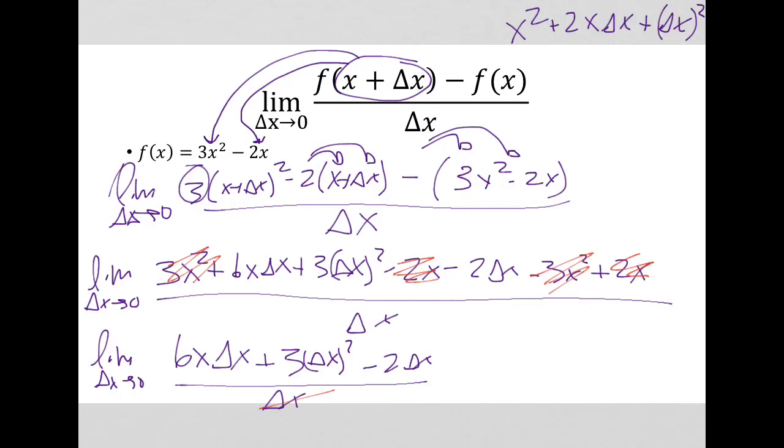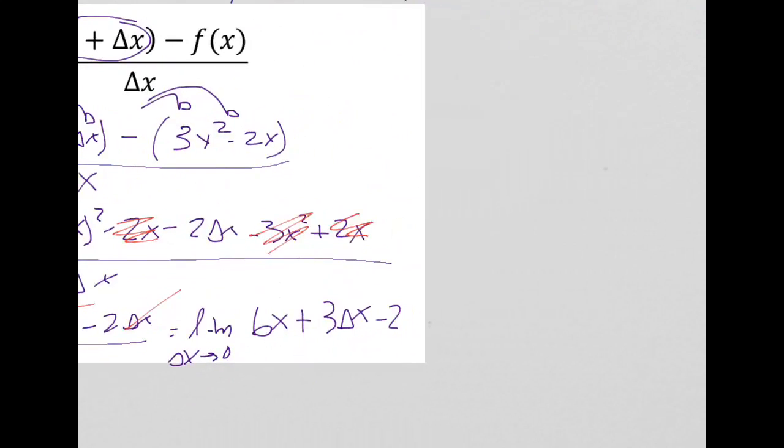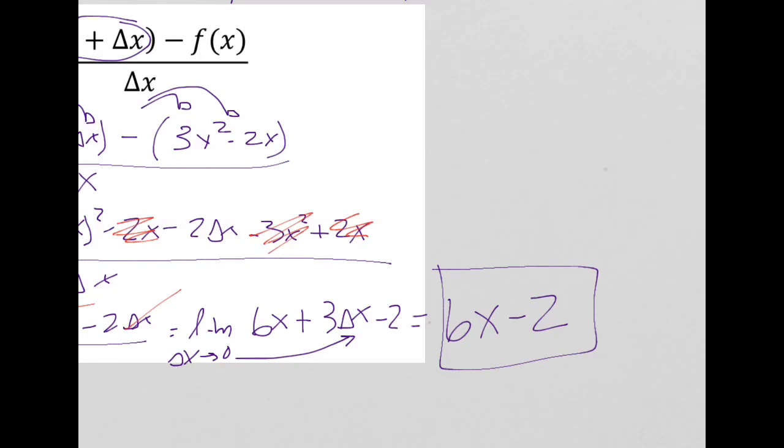So again, to eliminate that denominator, I have to pull out a delta x from each of those terms, and I can rewrite this as the limit as delta x approaches 0 of 6x plus 3 delta x minus 2. And now I can directly substitute in a delta x value of 0 to get 6x minus 2 as the limit of this function.